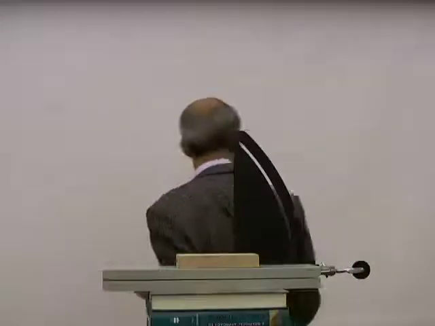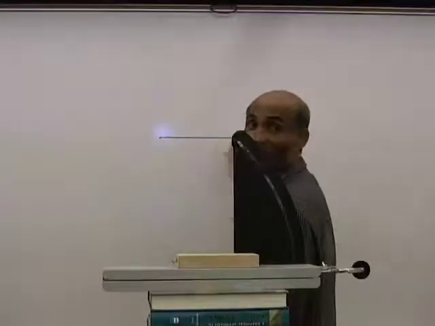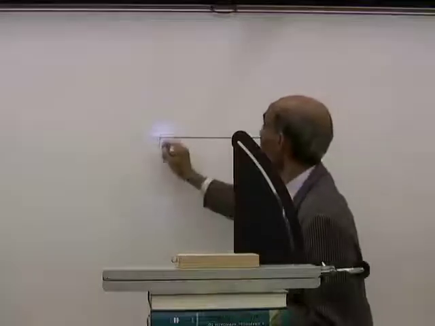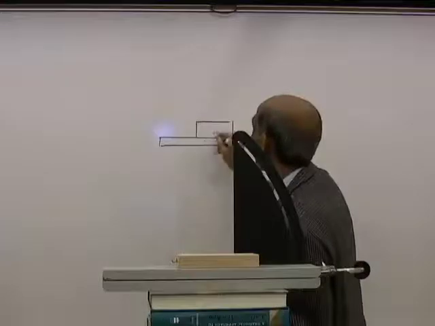And what does the plane surface do in turn? It applies a force upward. What do you call that force? The normal force. So if I draw that on the board, it will look like this. Now this is the plane surface and here is the block.